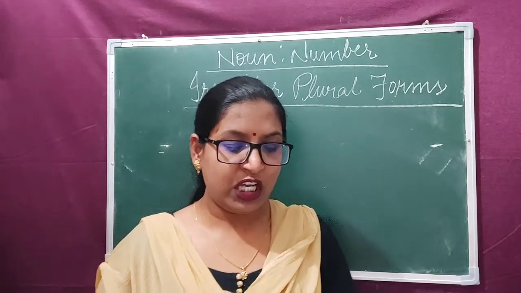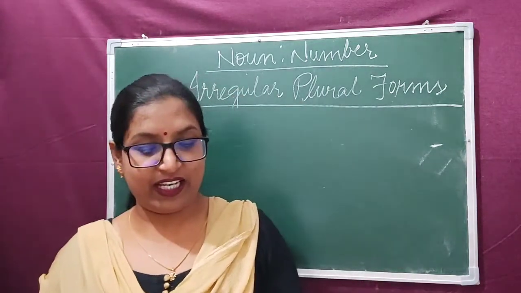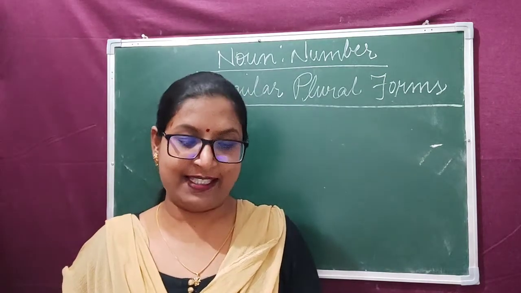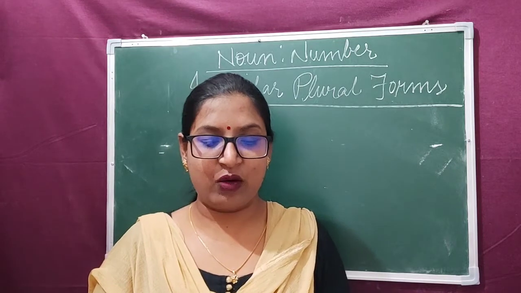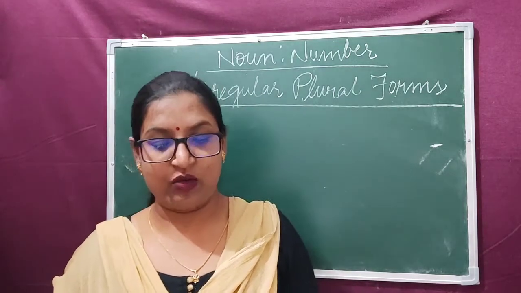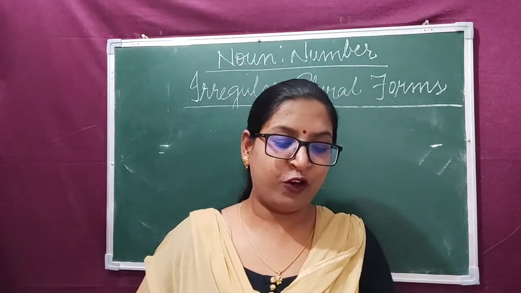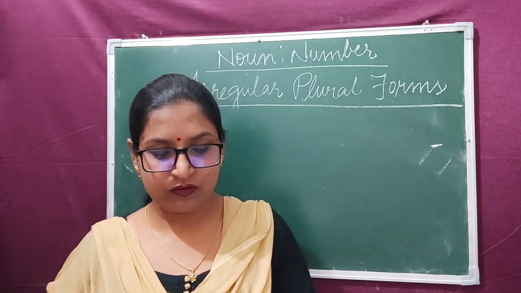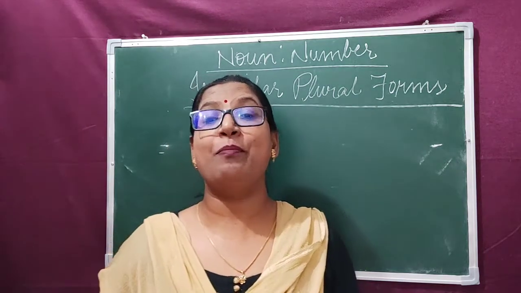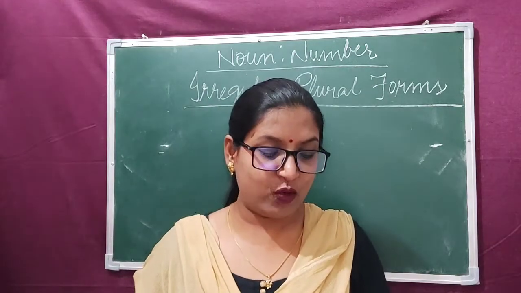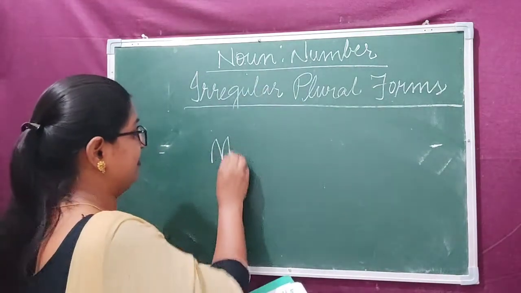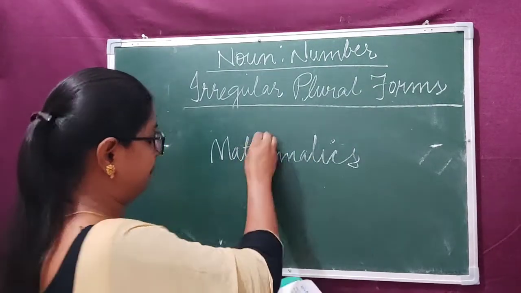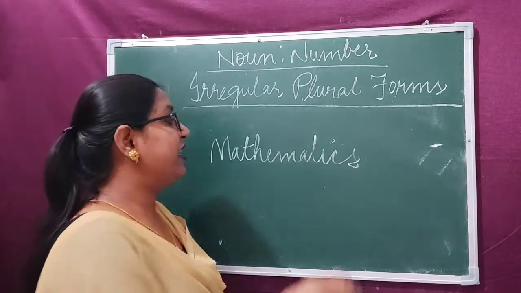Clear? Now, point number 7: some nouns ending in either S or ICS are usually singular uncountable nouns and have no plural forms. For example, we say mathematics.